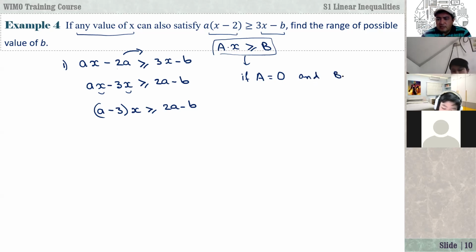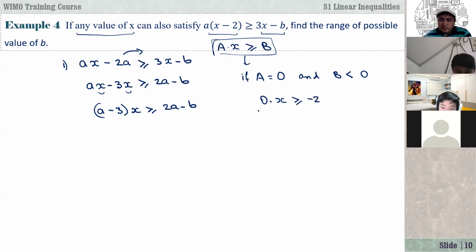If b is less than 0, then whatever you substitute here, this inequality holds. That means the left-hand side will be greater than the right-hand side. So for example, let me give you an example: 0 times x, and here I write not 5, negative 2.